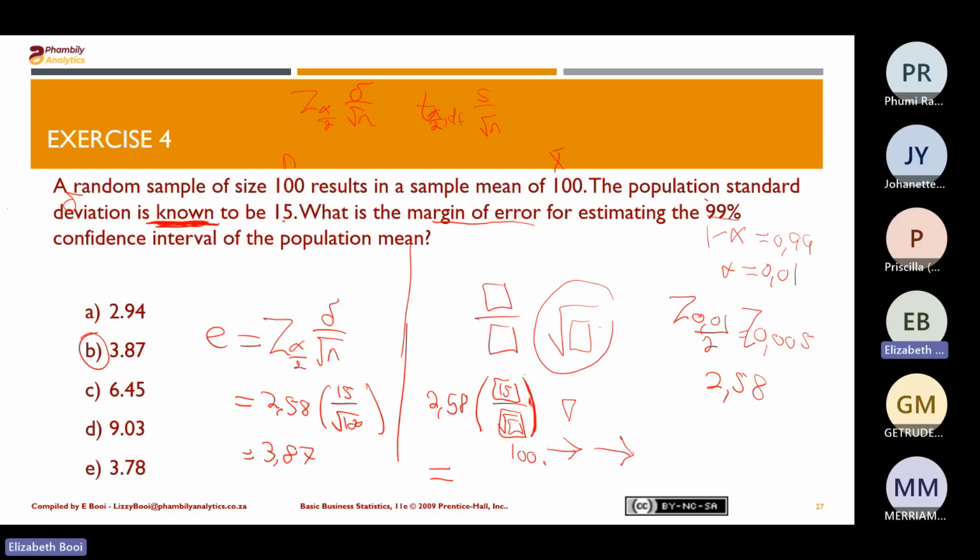Are you winning? Yes, I will go and practice it. Thank you so much. But did you get the answer of 3.87? Nope. I thought we were doing it together. I will go and practice. Thank you. Okay. No problem.